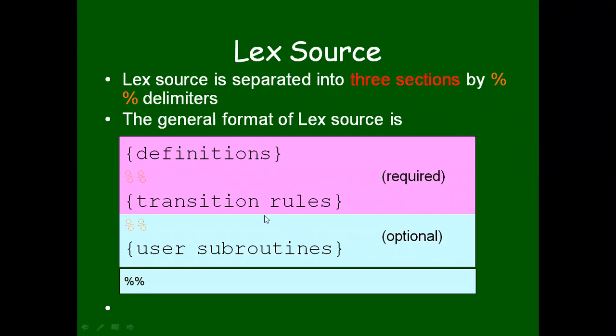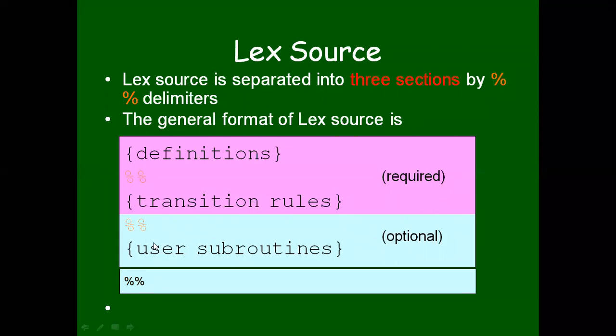The user subroutines, that means here we are defining the procedures, we can call the procedure section, which is an optional section. The declaration, that is the definitions, and the translation rules, these two are the most important mandatory sections in the Lex program. This is the Lex source that is divided into 3 sections.